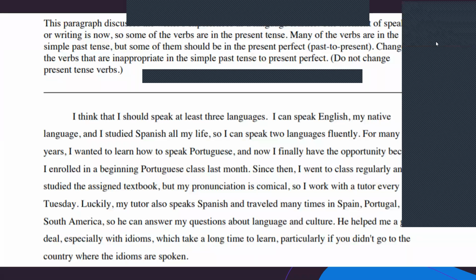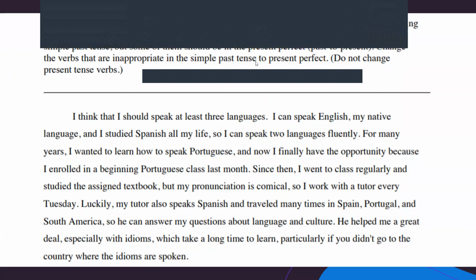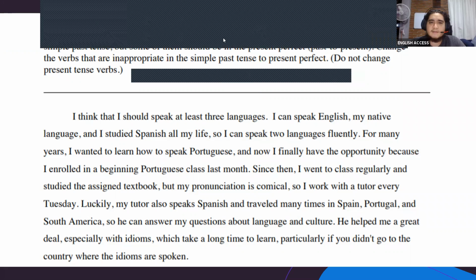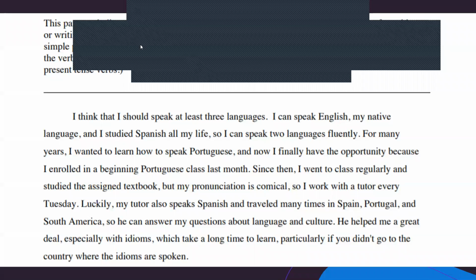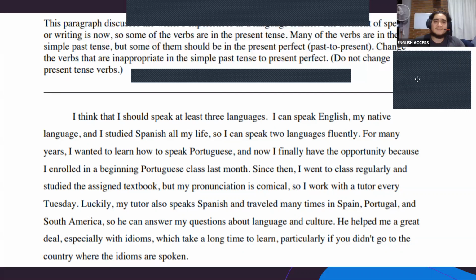It's not a question, but I can see the whole paragraph. I don't know if it's only me. Do you see it now? No. Okay, thank you. Do you see it now? Yes, I can see. All right, good. I honestly don't know what it was.